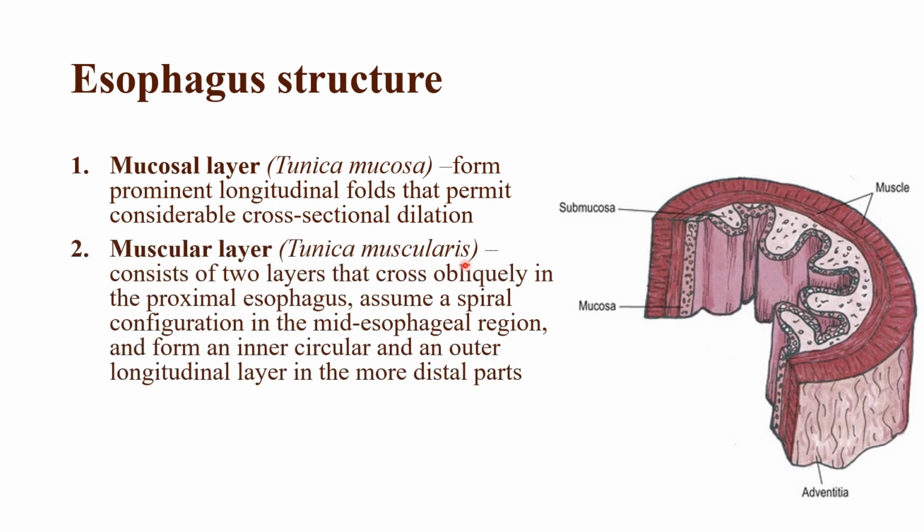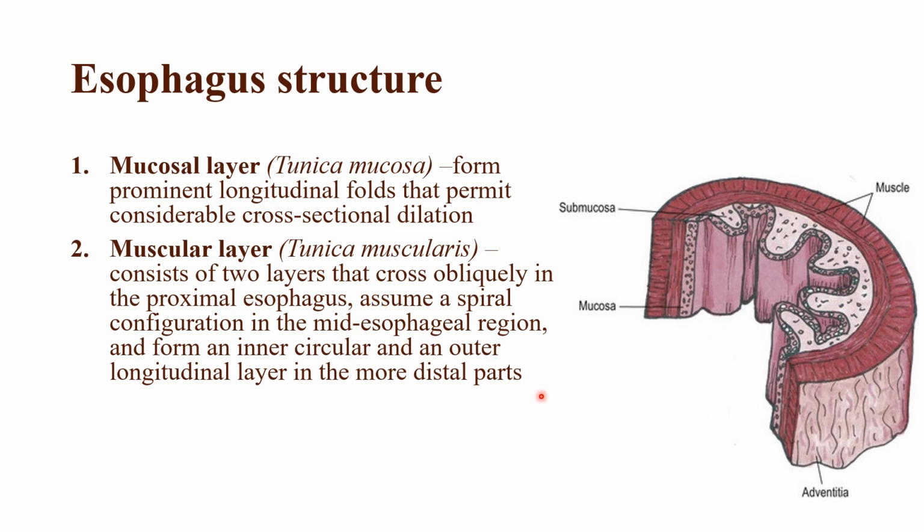For the muscular layer, tunica muscularis, it consists of two layers that cross through each other in the proximal part of the esophagus, and then in a spiral configuration about the midsection, and then form an inner circular layer in the more distal parts.